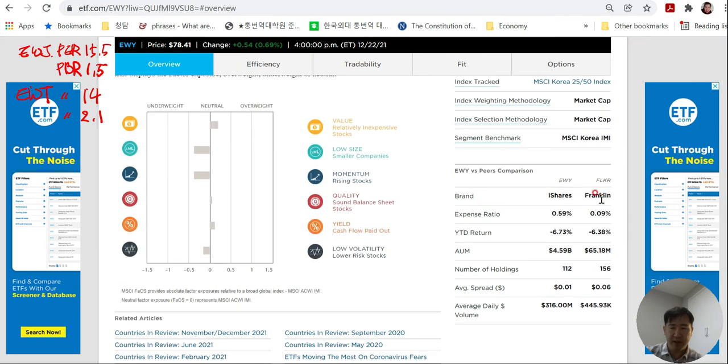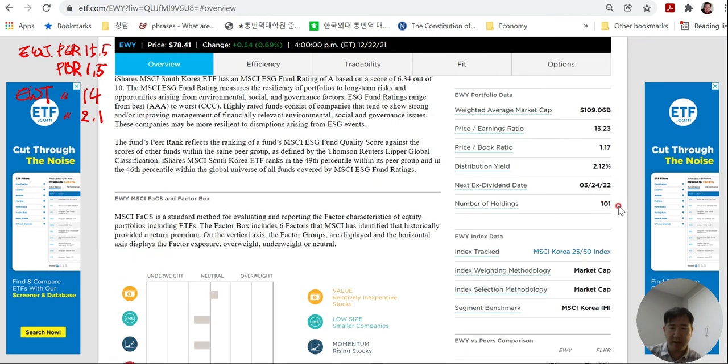If you see EWY, okay? I'll write it down over here. EWY, which is the Korean ETF. The PER is 13. And then the price to book ratio is 1.1. Okay, let's make it 1.2. So compared to the book value, it's really cheap, okay?